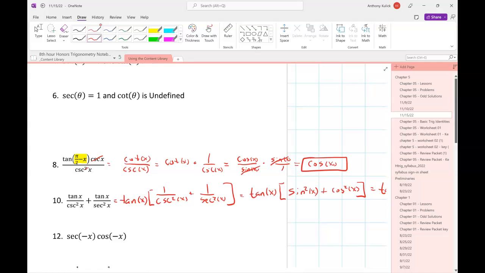How'd you like that? It always looks so easy when you do it, Mr. Kulik. It's because I've done it again. Think about it, just put it this way. I've been a math teacher for like 15 years. So I've basically done this class every year for 15 years.